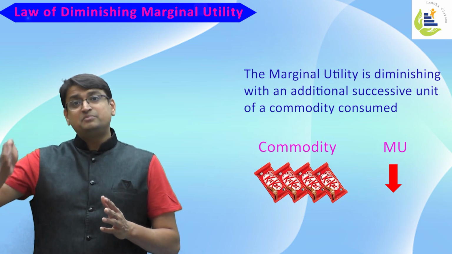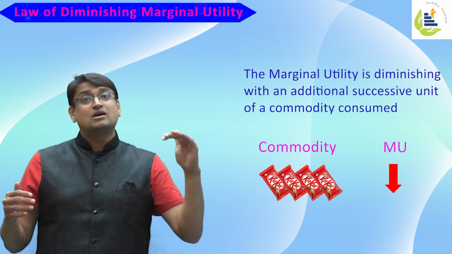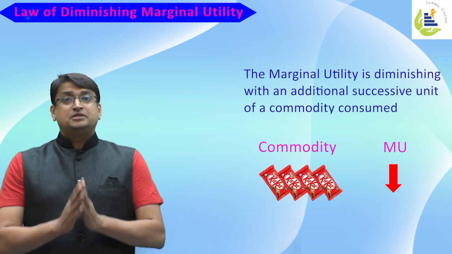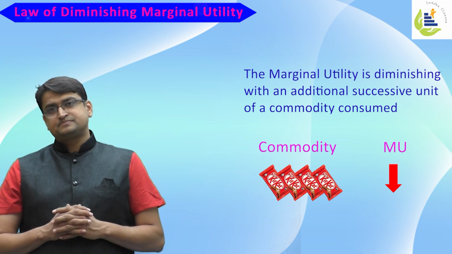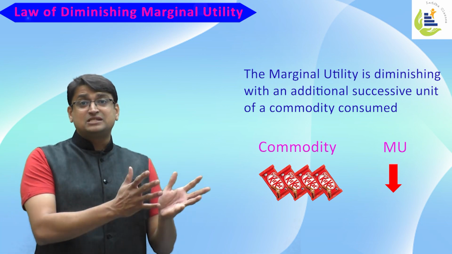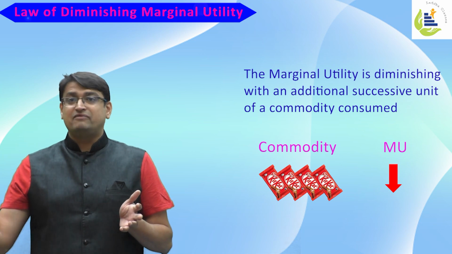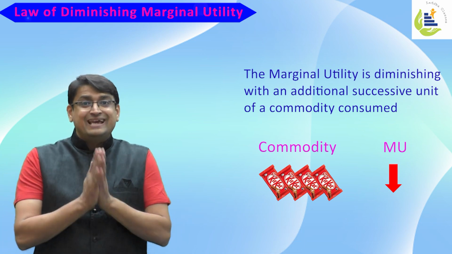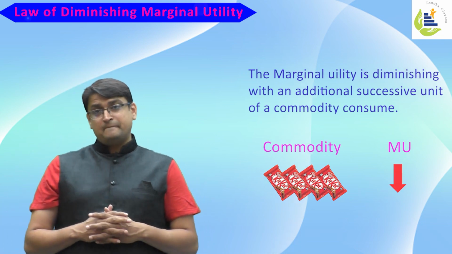So when the same unit is repetitively consumed, your marginal utility, the satisfaction level, goes down. Well, this law explains the economic behavior of a rational consumer. It is commonly known that the more we have of a specific commodity or thing, the lesser is the desire to have it. Now, this very feeling has been explained in this law of diminishing marginal utility.